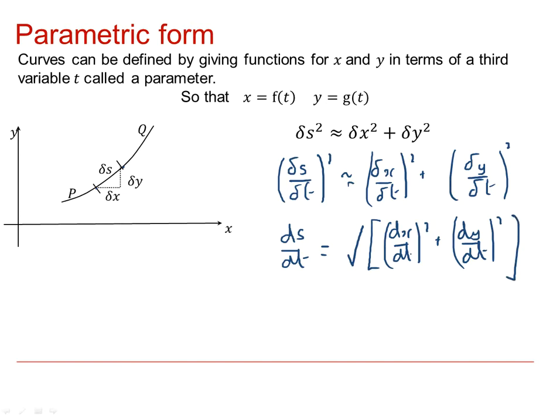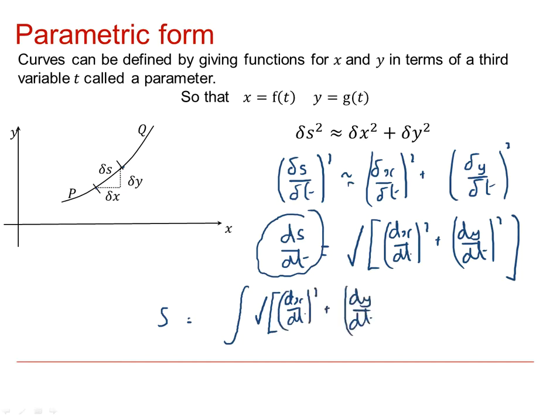And so that gives us an expression for ds by dt, and so now if we integrate we will get s. So integrating this with respect to t gives us that s, which is the arc length, is equal to the integral of the square root of dx by dt all squared plus dy by dt all squared, with respect to t.